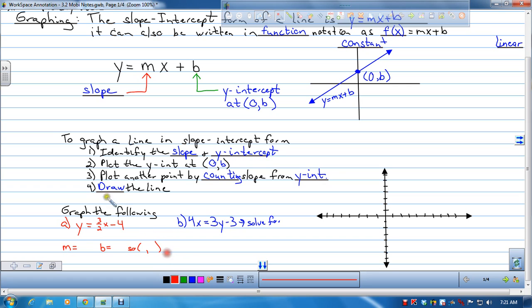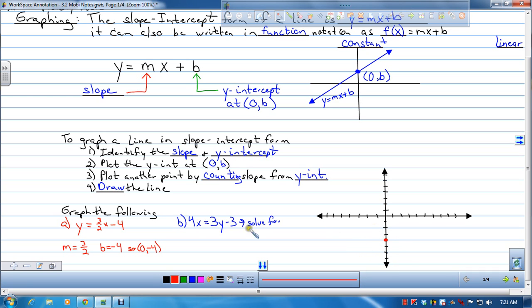So let's go through these examples right here. Graph the following: y equals 3/2 x minus 4. Well, we should be able to identify right away the slope is 3/2 and the y-intercept is -4, which means there's a point at (0, -4). And when I go to graph that, I have a point at 0, 1, 2, 3, 4, right there.